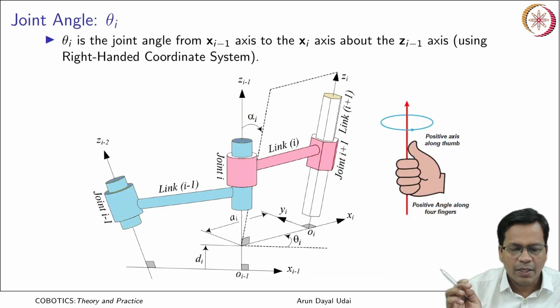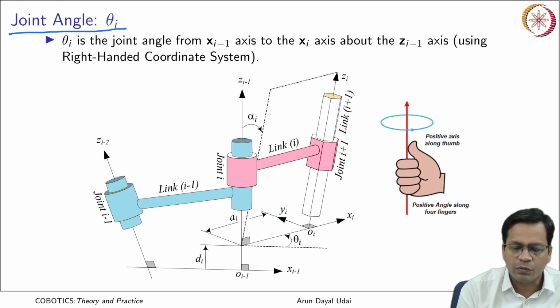So this is the first parameter. Now the next parameter is known as the joint angle. For a revolute joint, it is the joint angle.